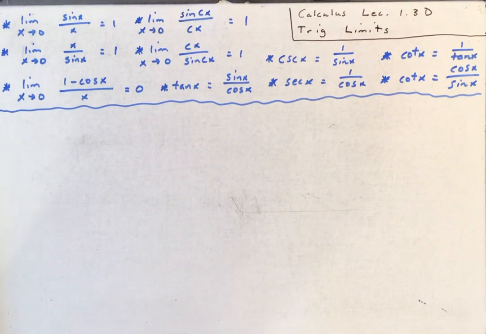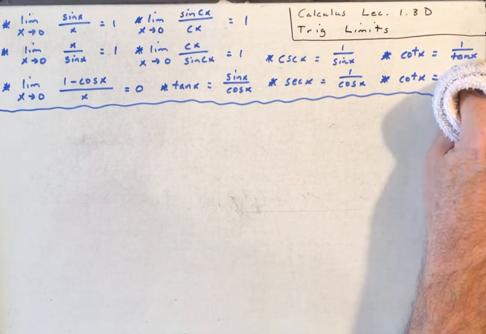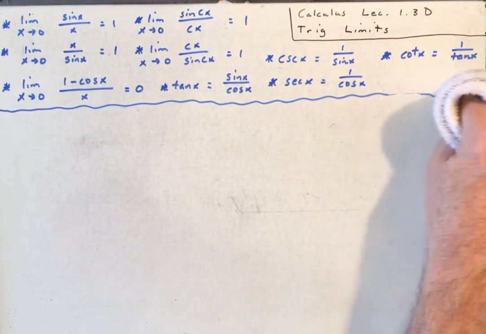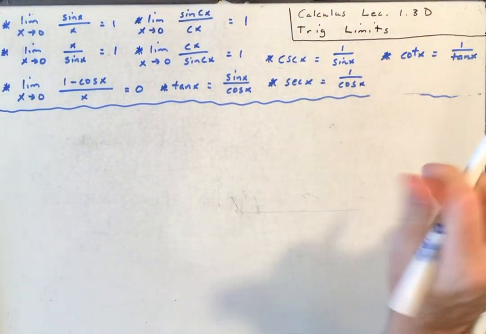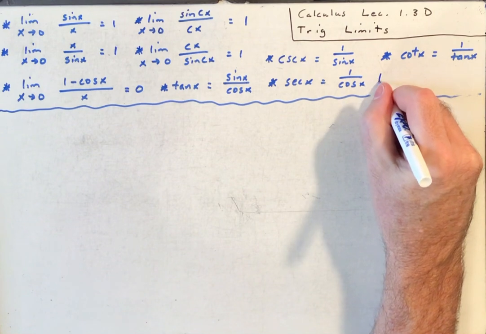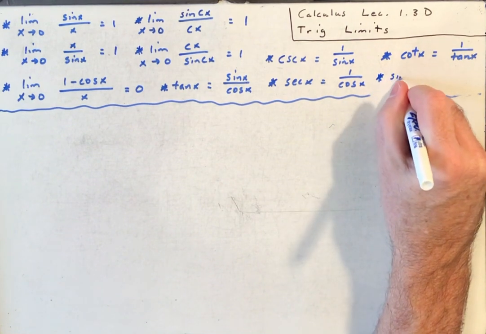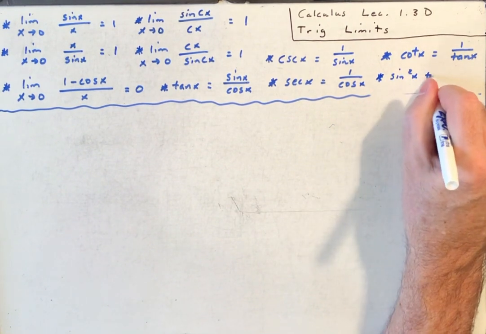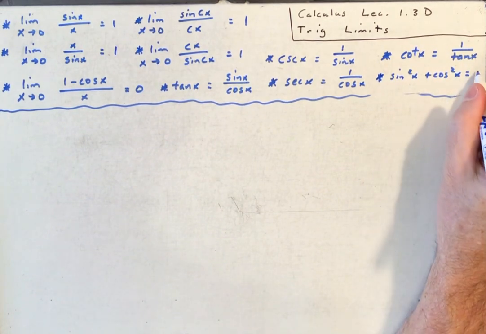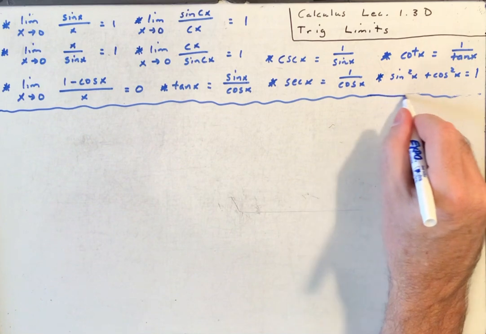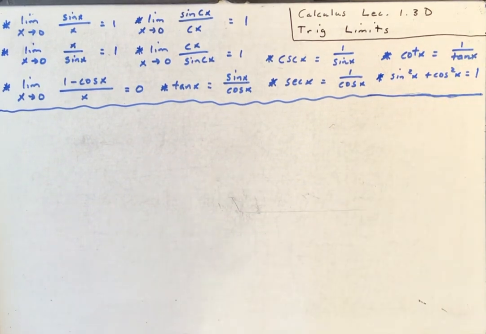And let me fill in this spot with one last one, the trig identity that you hopefully remember from pre-cal. And that's sine squared x plus cosine squared x. Do you remember what it is equal to? It is 1. All right. So we're just going to be using these formulas and working a lot of example problems.